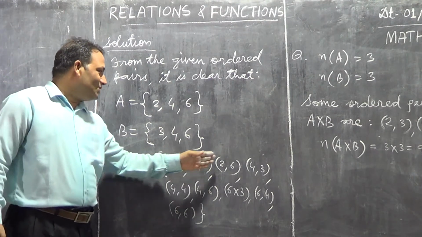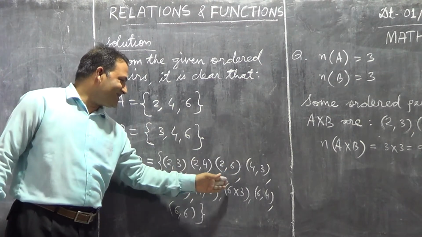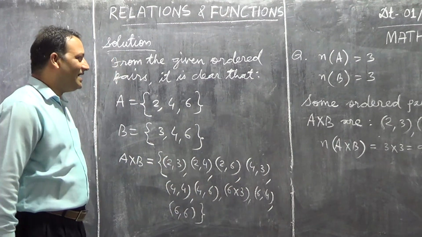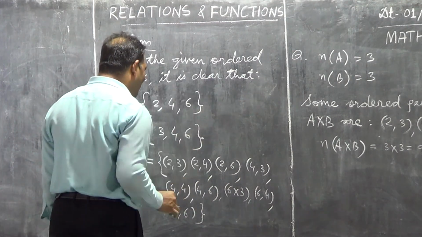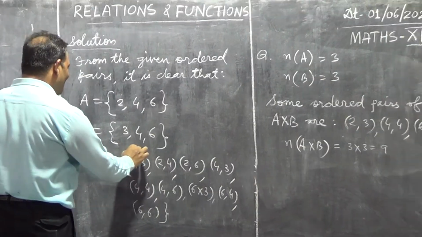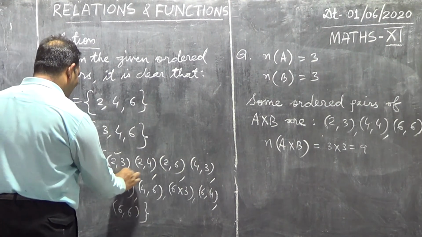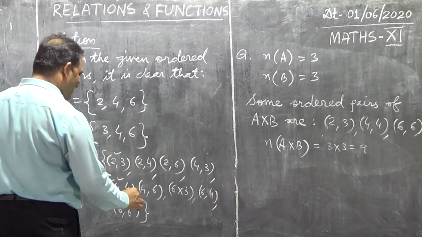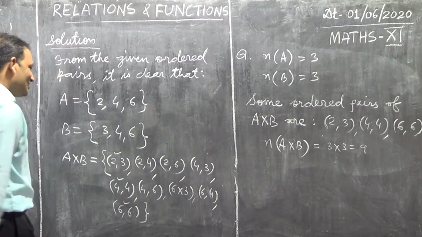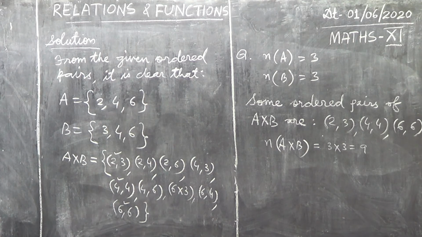So 1, 2, 3, 4, 5, 6, 7, 8, 9 I got. Out of that you just see which are given in the question. (2, 3) given, (4, 4) is already given, and (6, 6) is already given.